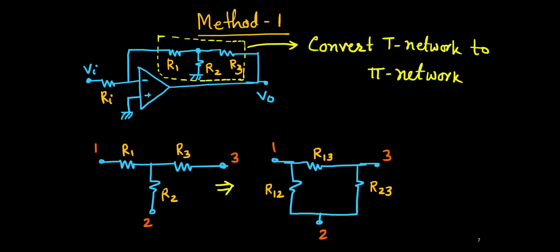Okay, and where this R13 we can find as R1 plus R3 plus R1 R3 upon R2. Okay, so between this 1 and 3 resistance is simply this resistance R1 plus R3 plus R1 R3 multiplication upon R2. Okay, similarly you can find out R12 and R23, but these two will not be required in this problem. So you see how we'll use this one.